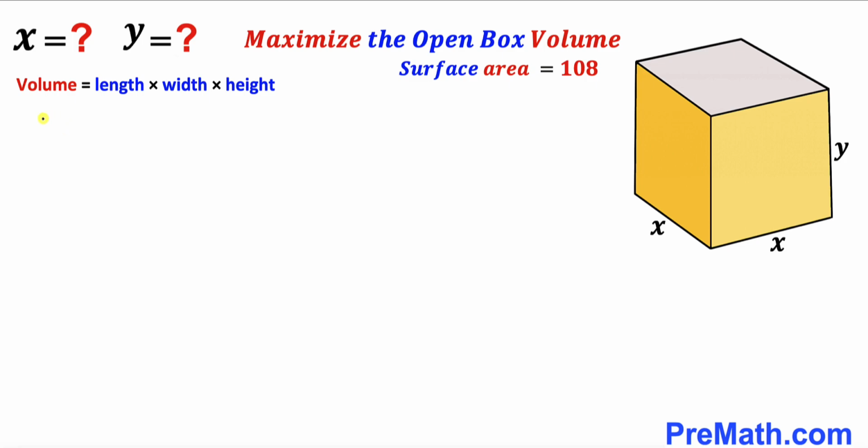So we can write the volume V equals x times x times y. If we simplify the right hand side, that gives us V equals x squared times y. I'm going to label this as our equation number 1.